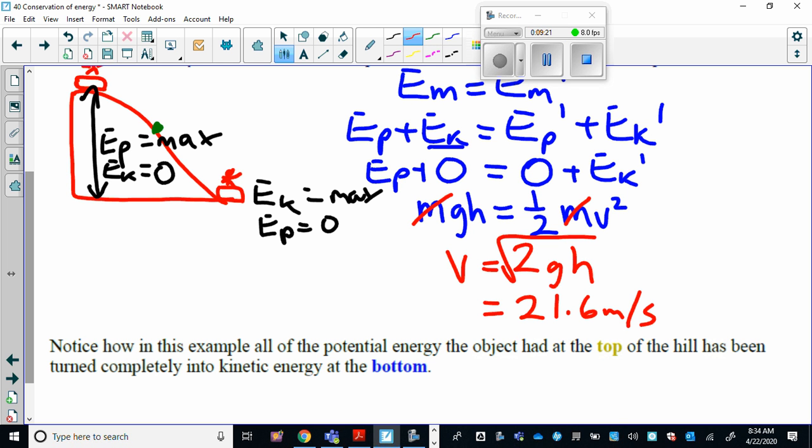Which seems like a pretty reasonable velocity for a toboggan. Now that assumes there's no friction. In real life, if you're going down a hill on a toboggan, you're not going to be going at 21.6 because there is definitely some friction. I mean, you might be going close to that depending on the condition of the snow.